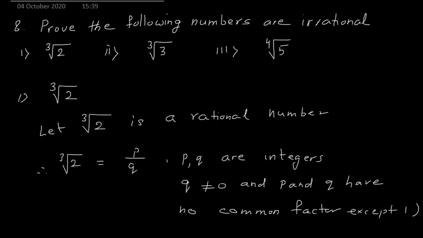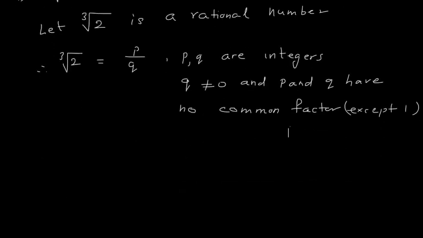Okay, this is very important, that p and q have no common factor except 1. Now I will cube on both the sides, so therefore 2 will become p cube divided by q cube. So we have cubed on both the sides. So therefore here we have 2q cube is equal to p cube.